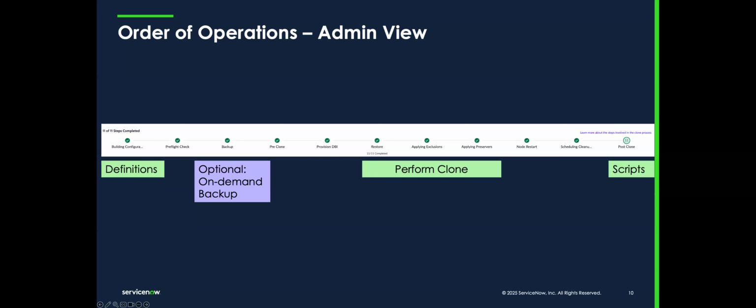And so here you can see the main parts of a clone are the preparation, then an optional on-demand backup if it is needed. Then we perform the clone, which is essentially a restore from the backup. We apply the exclusions and the preservers. And at the end, we have the scripts. This is just to give a broad overview of the sequence of steps within the clone.